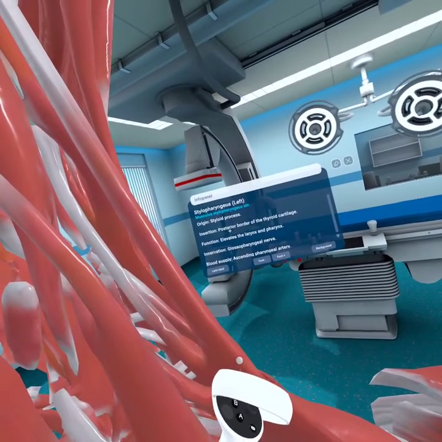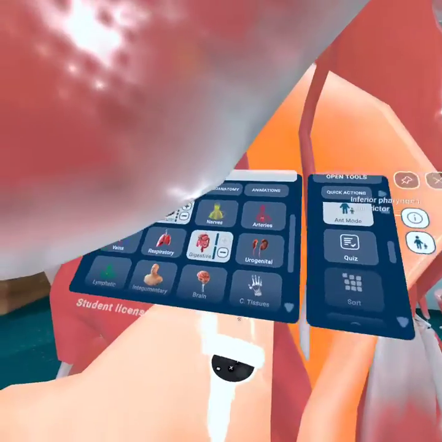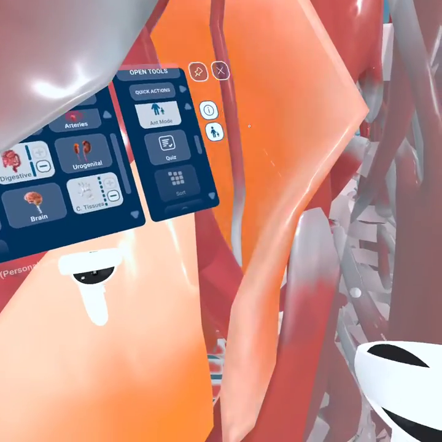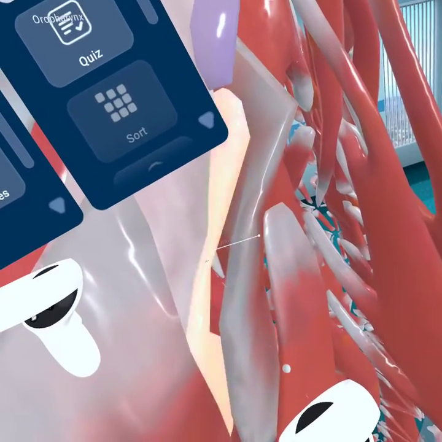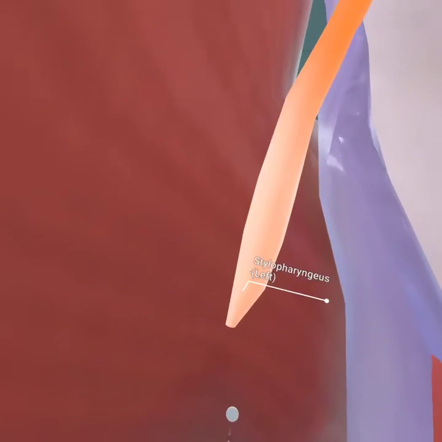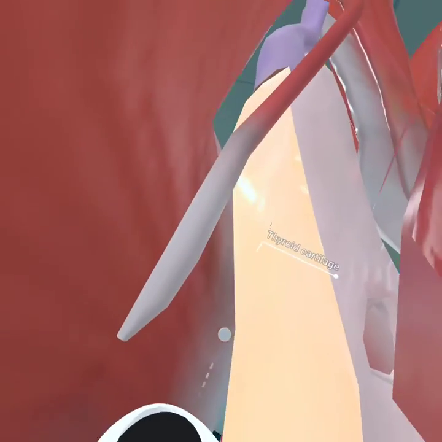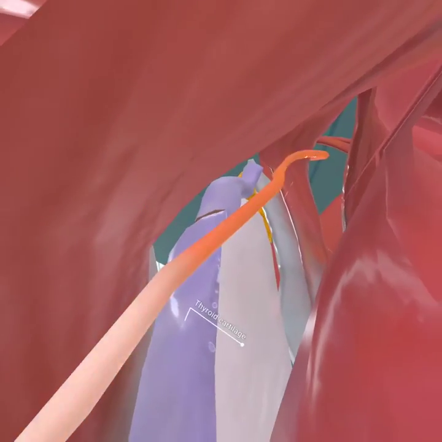It inserts on the posterior border of the thyroid cartilage, and that would be the thyroid cartilage if it was in there. Now let me see if I can put on connective tissue. No, it's respiratory. So you have your thyroid cartilage. Stylopharyngeus, posterior border of the thyroid cartilage. That's where it inserts.